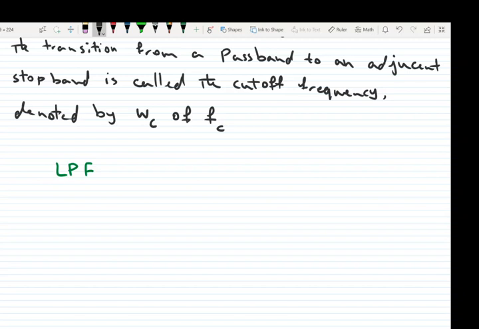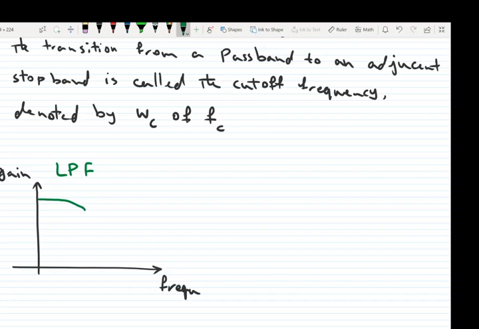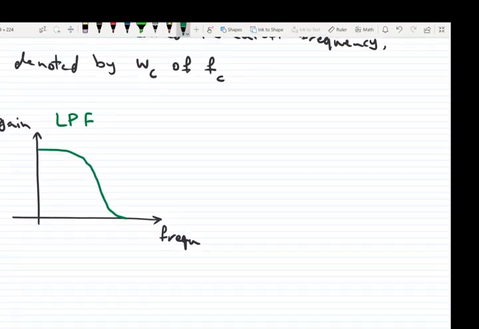So we have low pass filter. Here is a low pass filter if x axis is frequency and y axis is gain. For a low pass filter, we will have something like this. You see that by increasing the frequency, the gain decreases. From this point, we have two areas.